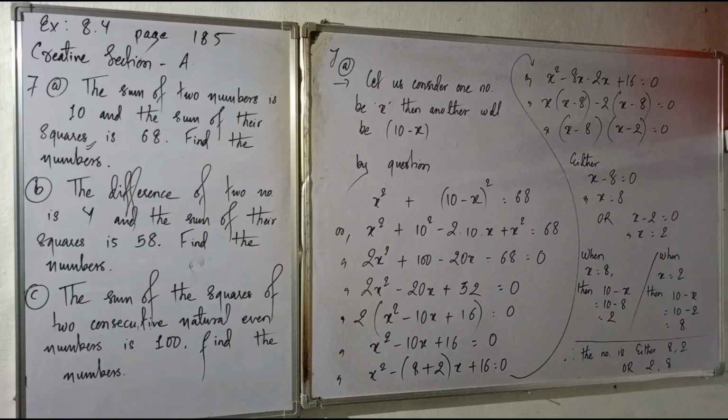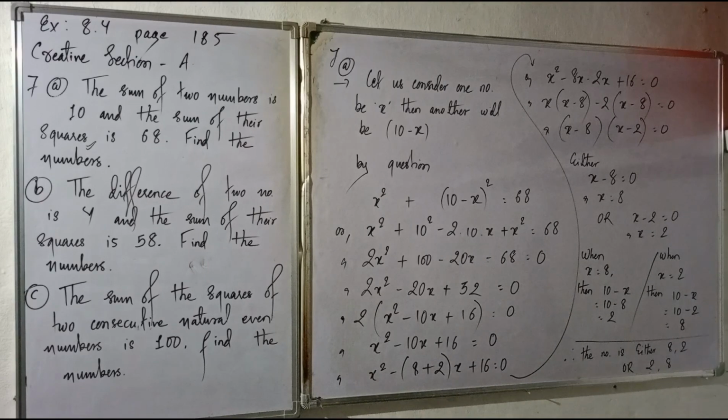After finishing this, let's move to number 7b. In 7b, the question is about the difference of two numbers. In the first question, 7a, it was the sum of two numbers. Now in 7b it is the difference.